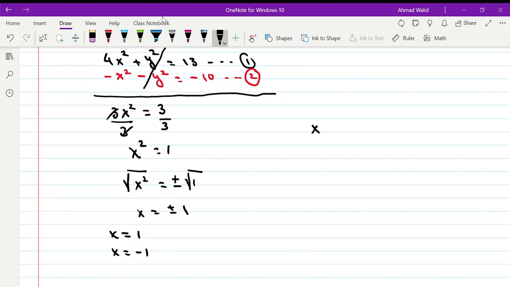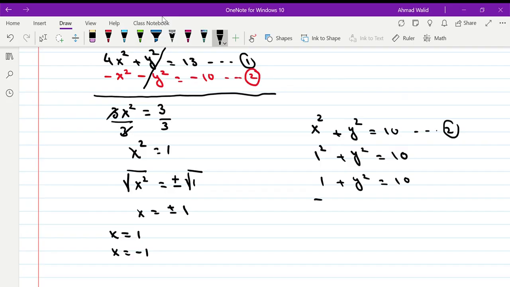Equation number 2 is x squared plus y squared equals 10. Just plug in the value of x, the first one. It gives you 1 squared plus y squared equals 10. It means 1 plus y squared equals 10. Subtract 1 from both sides. It means y squared equals 9.